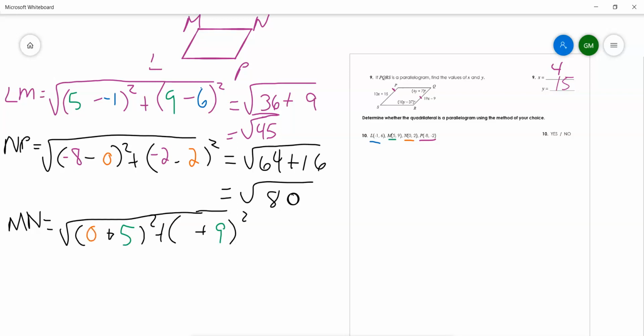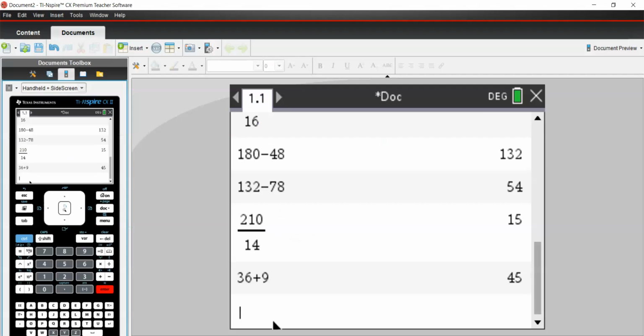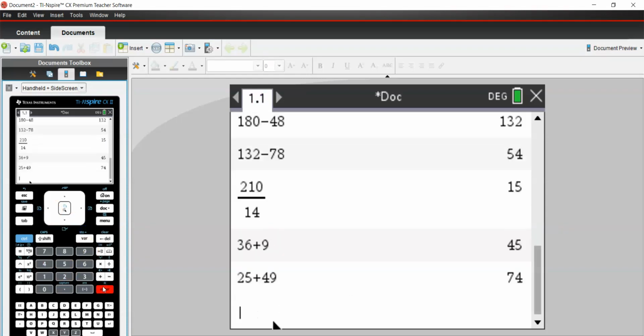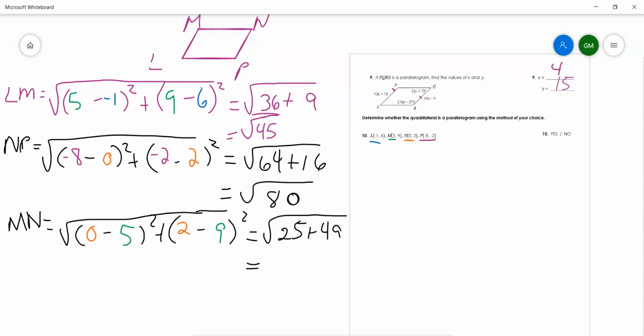That's going to be 0, no, it should be minus signs, and 2. All right, so 0 minus 5 is -5, squared is 25. 2 minus 9 is -7. -7 squared is 49. 25 plus 49 is 74, also not a perfect square.